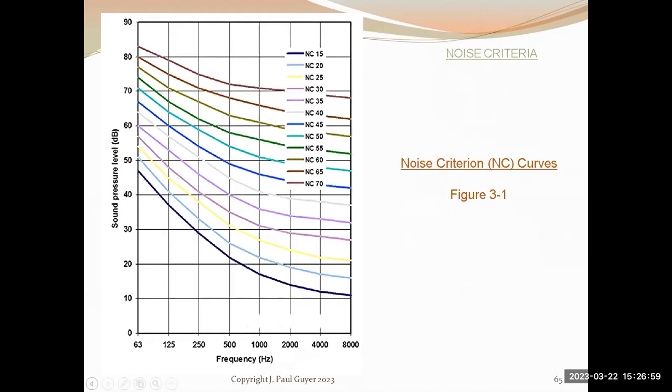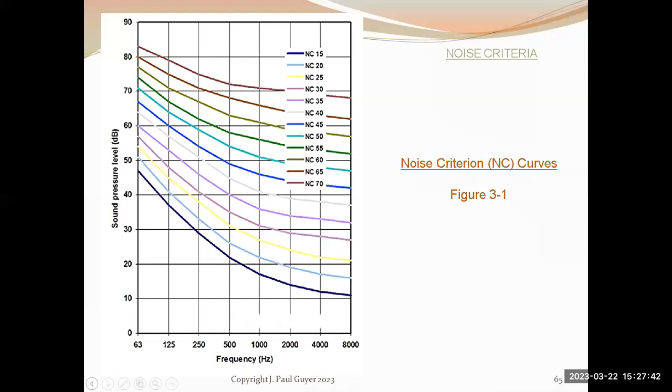So you've got these different curves here, NC15 through NC70. An NC15 curve is the one down at the bottom, the black one. And the NC70 curve is the one up at the top. So a quiet environment would be represented by the NC15 curve down at the bottom.